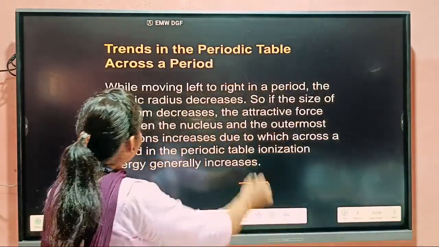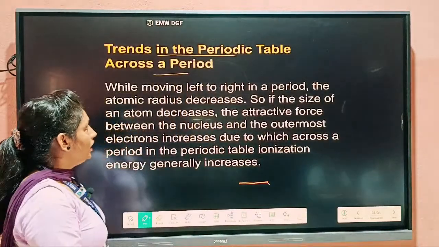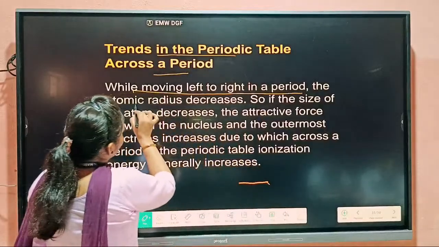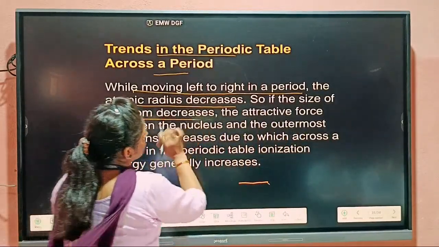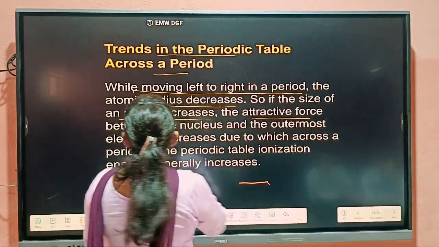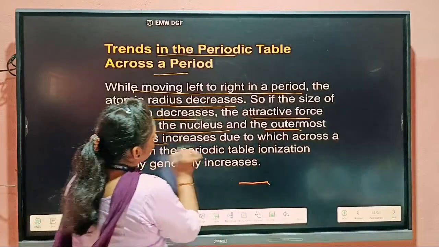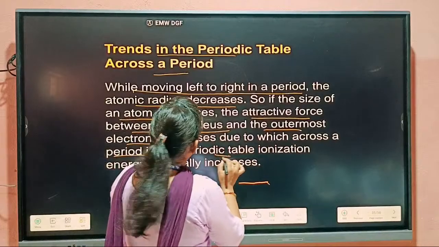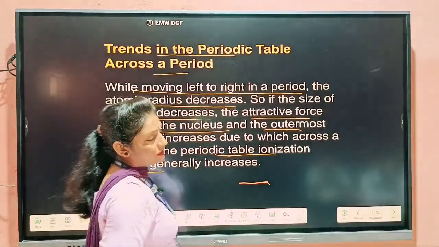So students, trend in the periodic table across a period. While moving left to right in a period, the atomic radius decreases. So if the size of an atom decreases, then the attractive force between the nucleus and the outermost electron increases, due to which across a period, the ionization energy generally increases.